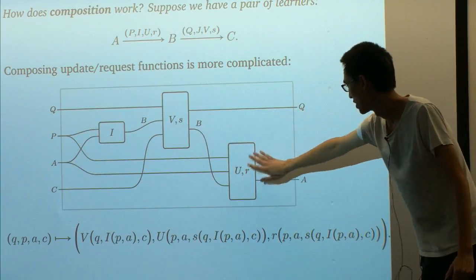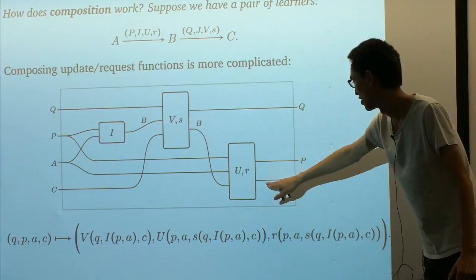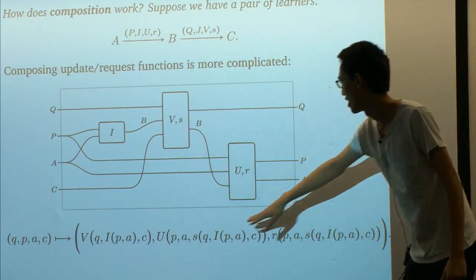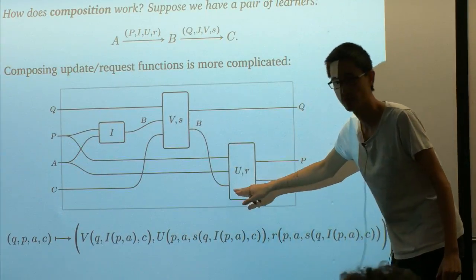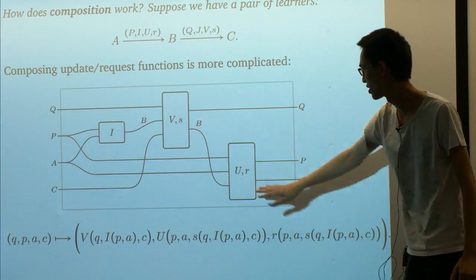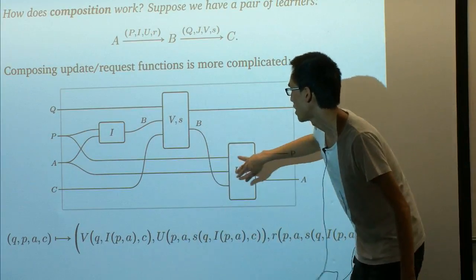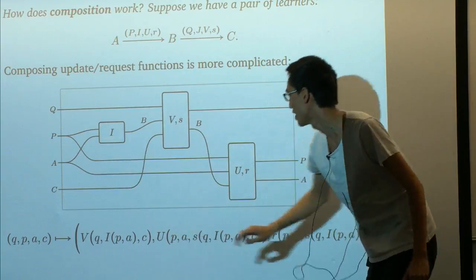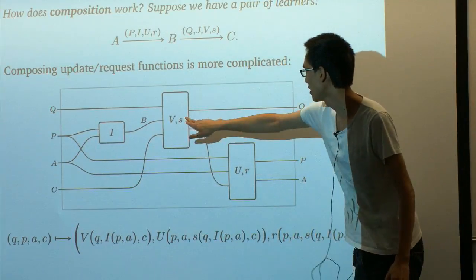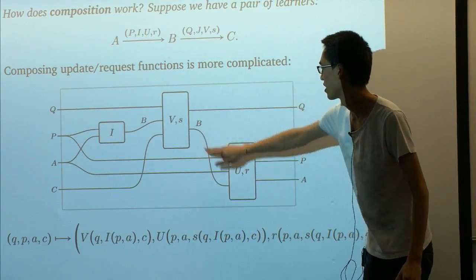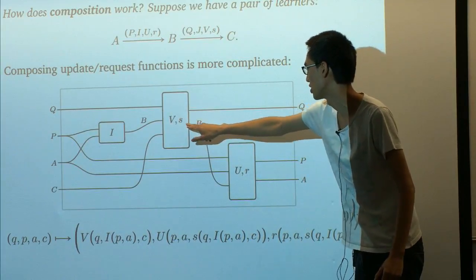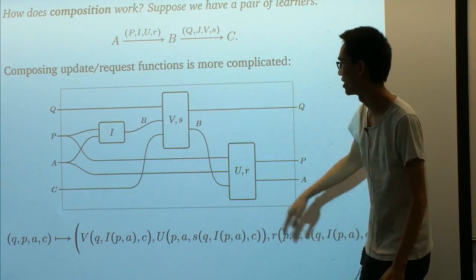So this is a box that is the update function and the request function. It's spitting out the update of the function U of these three inputs. These two values come directly from the P and A that have been input. This value comes out of the second output of this box, which is S. Right? So it's S of something.